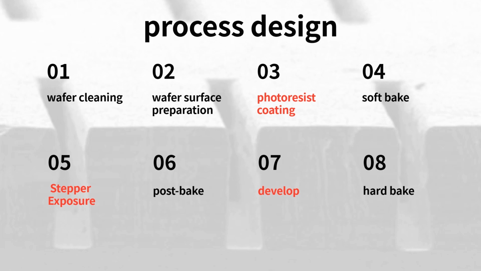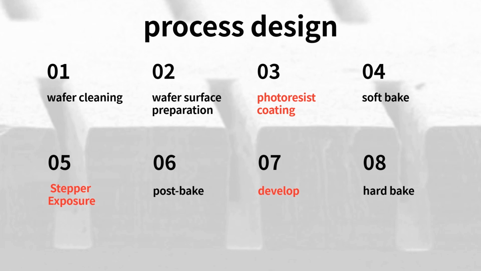Subsequently, during the stepper exposure process, the region exposed to light becomes strongly bound. In this case, the exposure process is carried out using the most advanced method, which is the projection method. The development process is used to induce the removal of the portion not exposed to light by a developer. The height should be adjusted during the photoresist coating step, and the width should be adjusted during the exposure step.